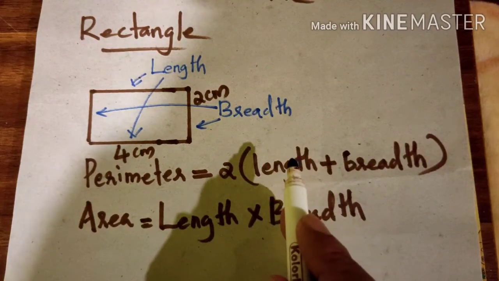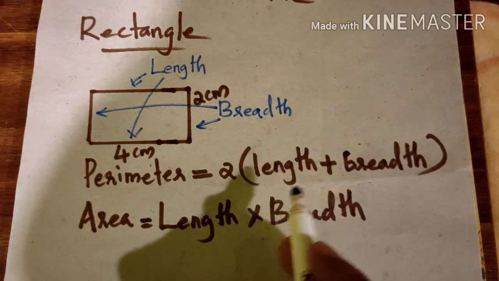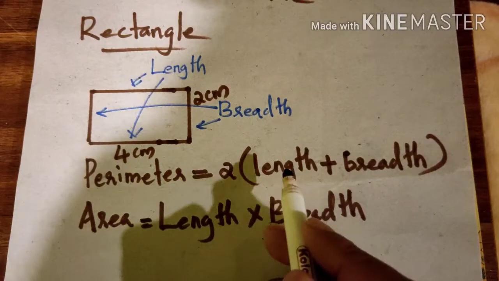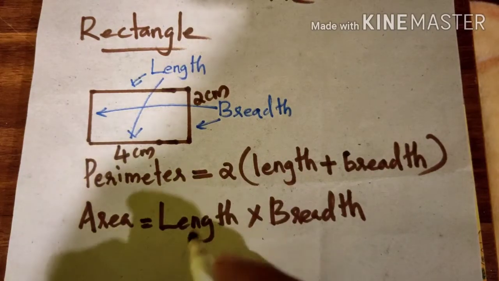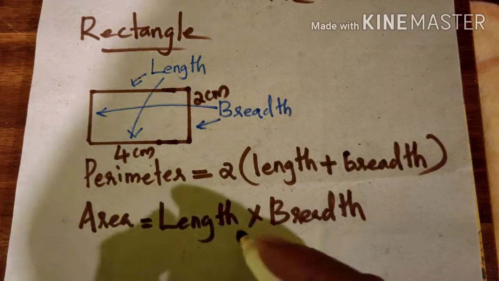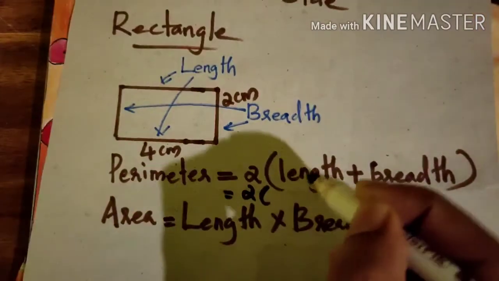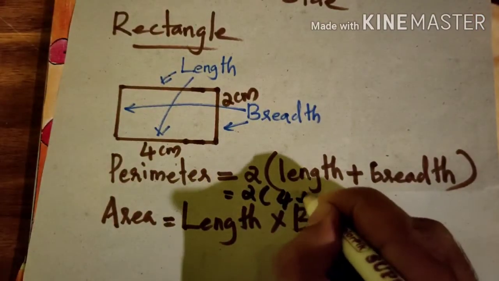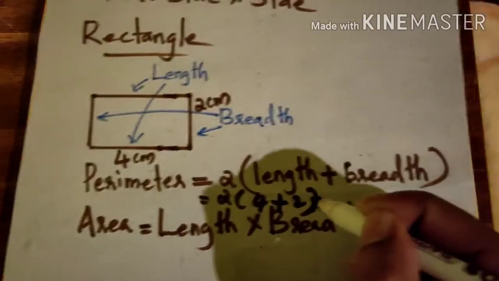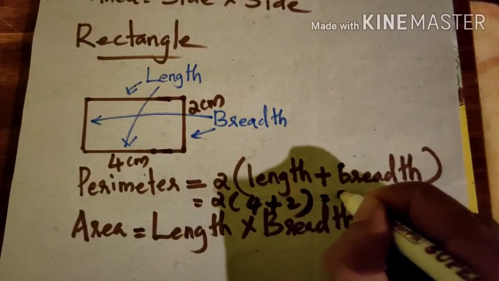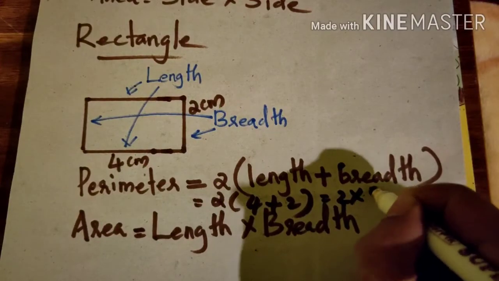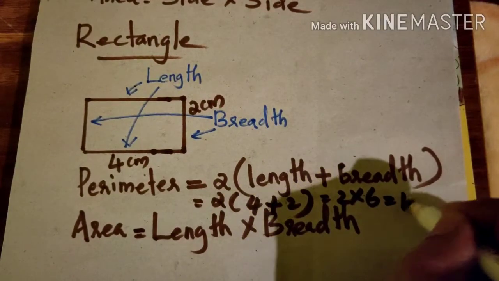This length plus breadth is multiplied with 2. So 6 into 2 is 12. Let's do that: 2 into 4 plus 2, that's equal to 2 into 6, which is equal to 12.